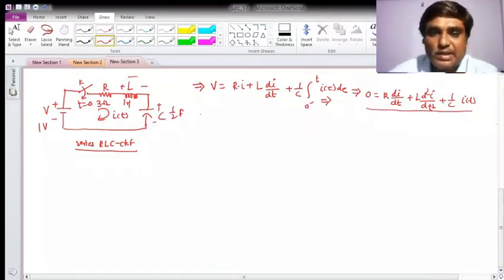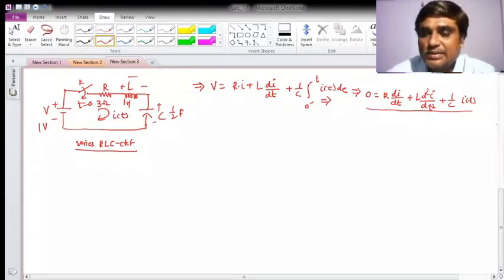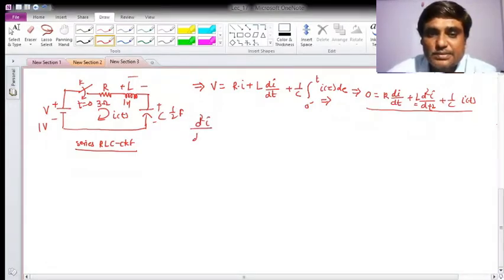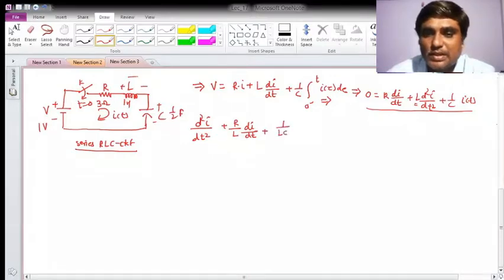Now let me rewrite it systematically, making the higher order coefficient equal to 1. It will be d2i by dt square plus R by L di by dt plus 1 over LC times i, equal to 0.